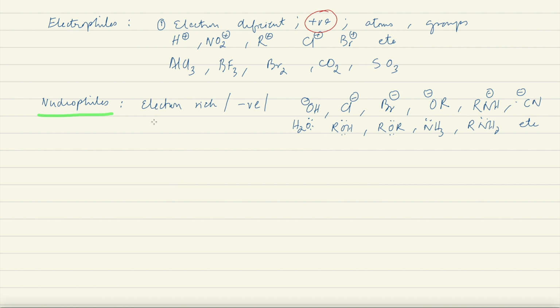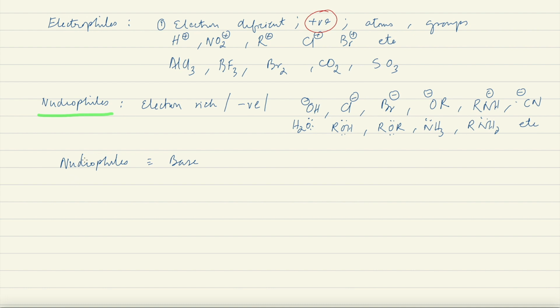Now nucleophiles are electron rich species. They can be negatively charged or they can be neutral, can be an atom, can be a group. In other words, if you take a look at these groups, they can also be bases. So a nucleophile can also be a base at the same time.